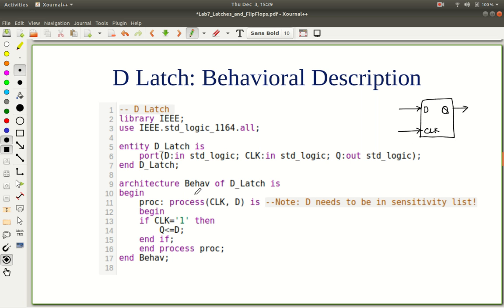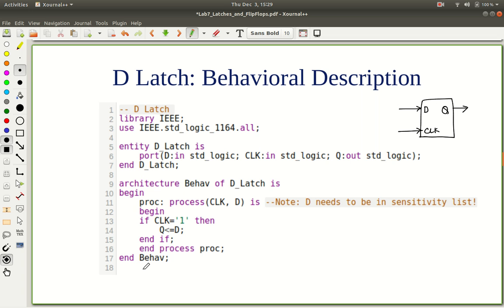We use a process block, and in the sensitivity list we have clock and D. That means when any of these changes, it should reflect in the output immediately, because that's the behavior of the latch. So when clock is low, the old value of Q should be retained, but when clock is high, any change on D should be immediately reflected in the output.